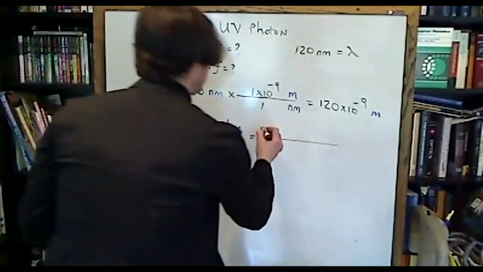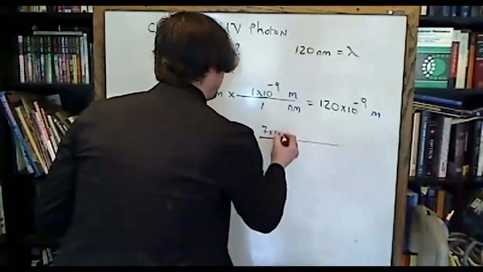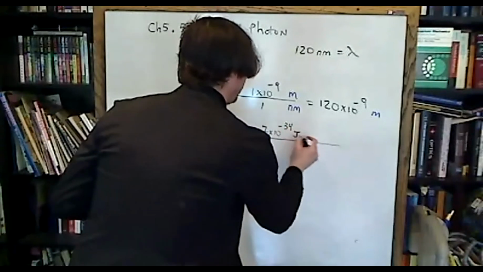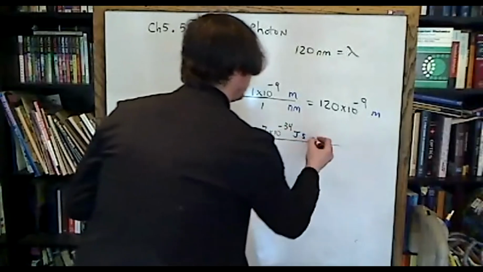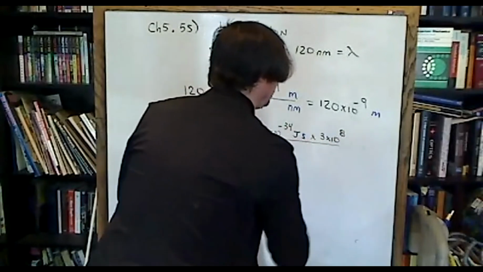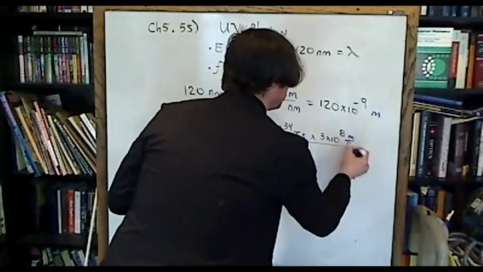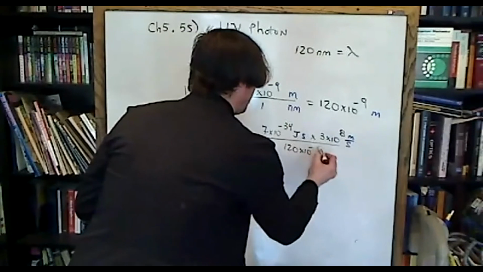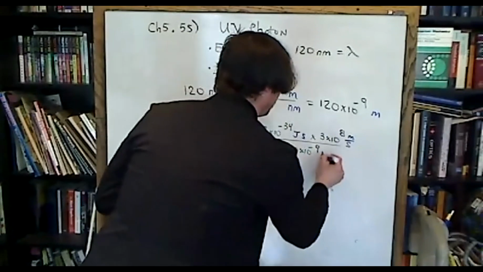Okay. So 6.6 times 10 to the negative 34, the units of Planck's constant are joules times seconds, times the speed of light, 3 times 10 to the 8 meters per second, divided by the wavelength of 120 billionths of a meter.